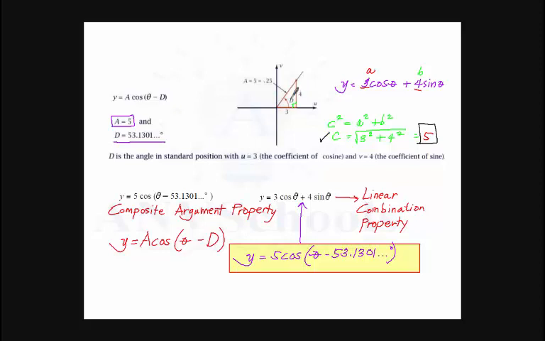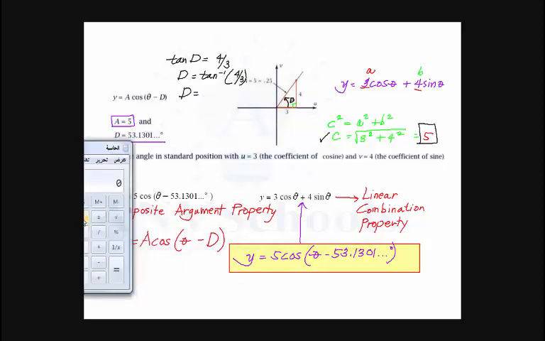Take note that tangent of D is equal to 4 over 3. So getting the arctan of this ratio, our calculator will give us, let's use it, 4 divided by 3 equals inverse tangent, we use degrees here, so 53.1301 degrees.